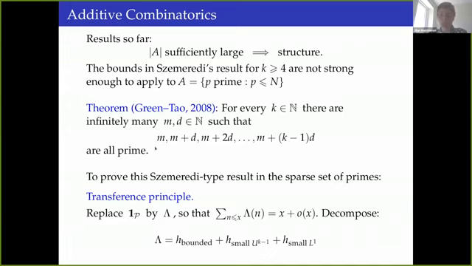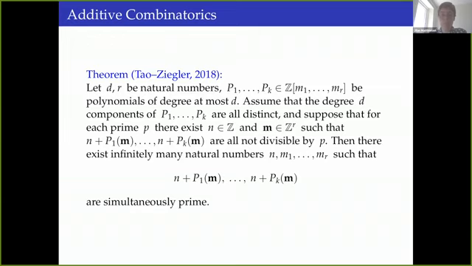Now, I mentioned before that generalizations of Roth's result include looking at different types of configurations. And I would just like to briefly mention that you can study certain types of polynomial configurations within the set of primes. Here you fix polynomials with a couple of conditions.